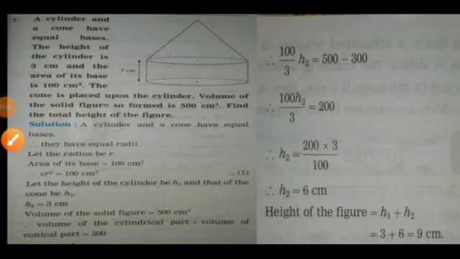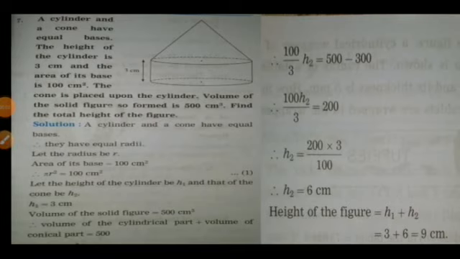Okay, now see the 7th one. What we have here is a cylinder and a cone with equal bases. You can see in the figure, the cone is surmounted on the cylinder. They have equal base and the height of the cylinder is 3 centimeter.